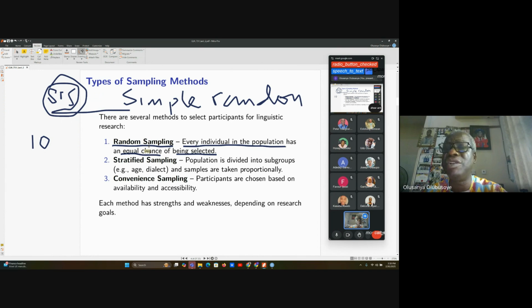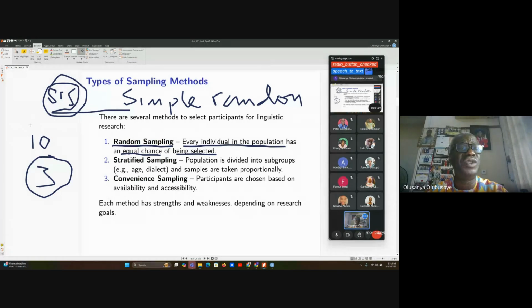Maybe I ask everybody to write your name on a sheet of paper, squeeze the paper, and put it in a basket. If we want to select 3 out of 10, there will be 10 papers squeezed together in the basket, and then 3 will be selected. That process ensures that everybody is given equal chance.